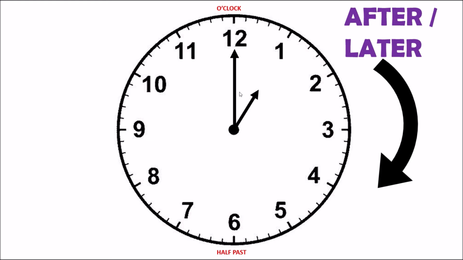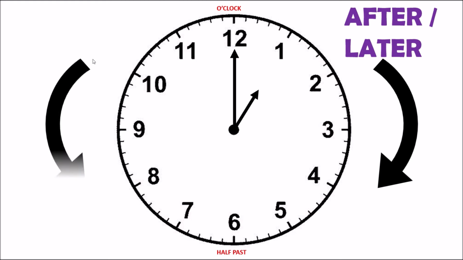So if you have lunch at 1 o'clock, what do you do after lunch at 2 o'clock? Or what do you do later, maybe at 4 o'clock? Do you go and play outside? Do you have a nap? What do you do after 1 or after lunchtime?